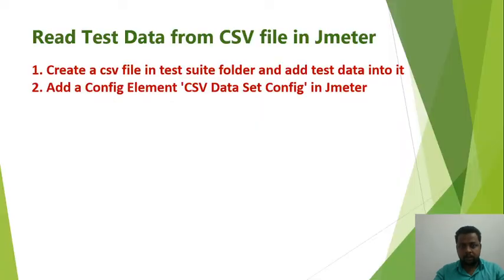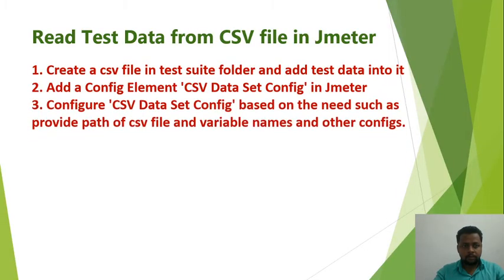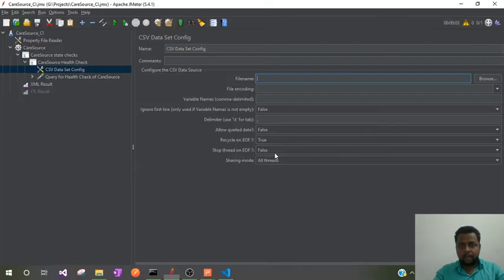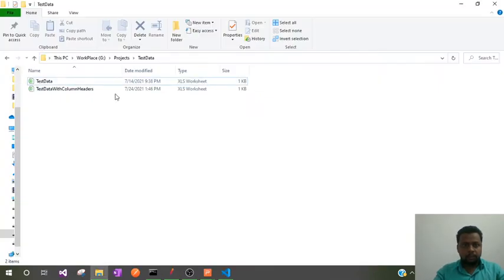So what is the next step? The next step is to configure the CSV Data Set Config based on the need. What is our need? We need to provide the CSV file path, the variable names, and other configurations. Let me go back to the JMeter test suite. Here we need to provide the file name, wherever the file has been kept. In our case, we have kept it in the test data folder with the name test data.